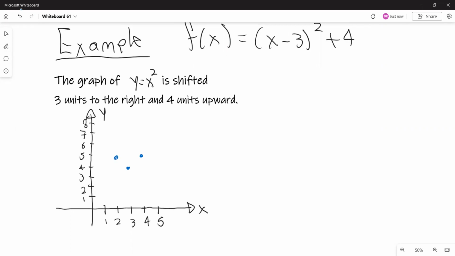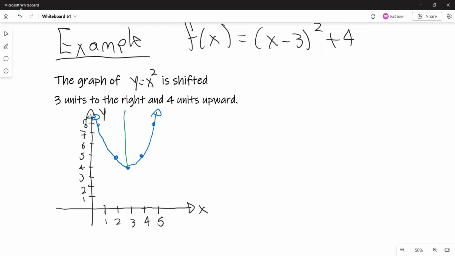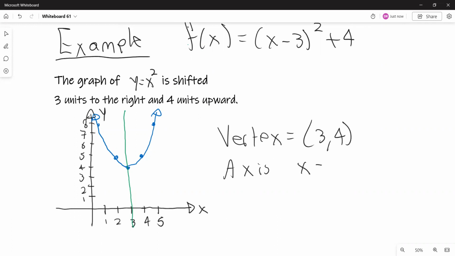And then 2 to the right, 4 up, 2 to the left, 4 up. The axis is the vertical line that passes through the vertex. Okay, the vertex is then (3, 4), and the axis is x equals 3.